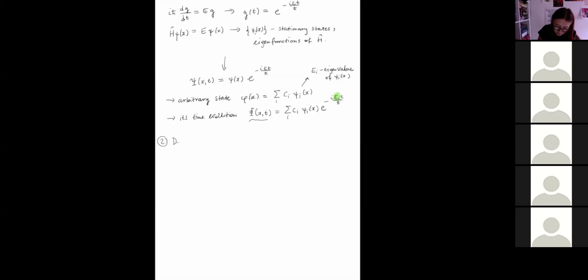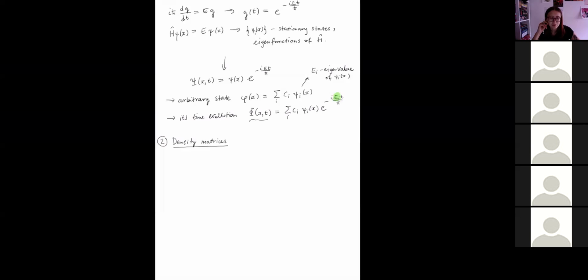Then let us proceed to the second part, which is density matrices. So we already have a description of states in quantum mechanics, right? It's just vectors in Hilbert space. But is it enough?